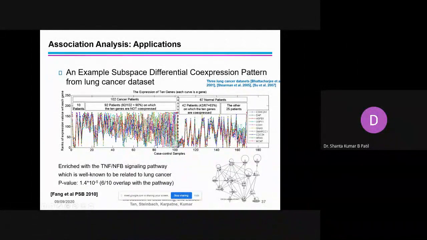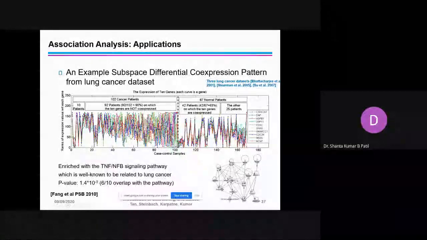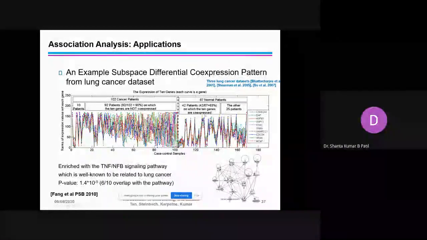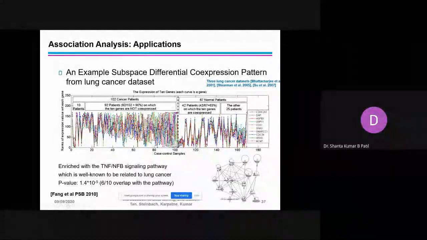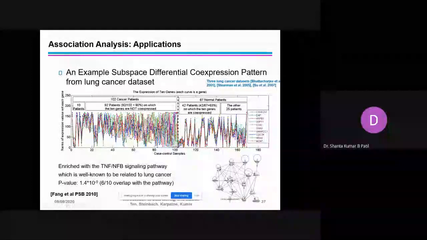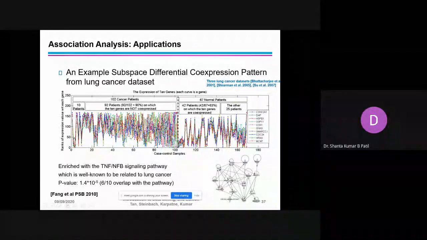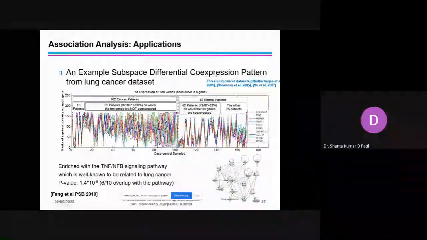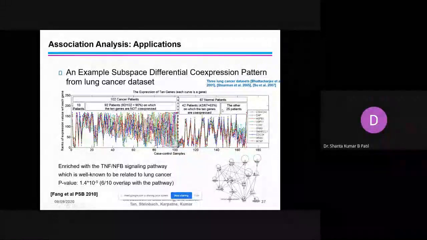If I have some health issues, I'll go to the doctor. Doctors have the patterns for different diseases. They will compare one pattern with this. If the pattern match is found, they will predict, okay, you have this disease.